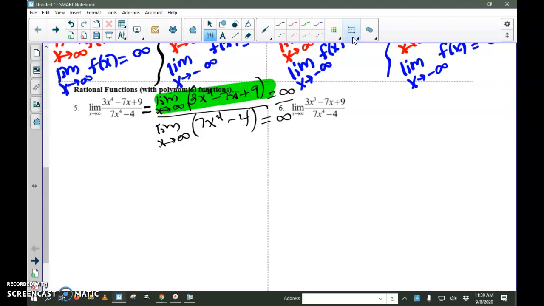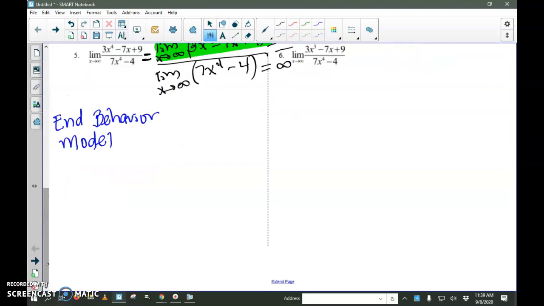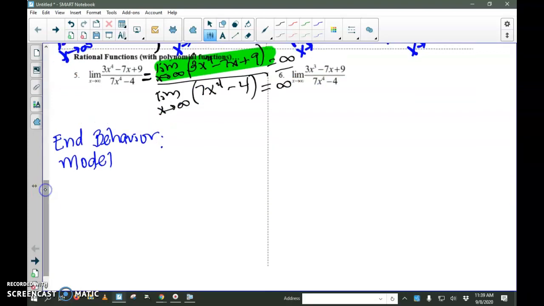And so we're going to take a look at the end behavior model. That's what I'm going to call it, the end behavior model. And what the end behavior model does is it says, when I look at the function, the strongest part of this function, or the part that affects the growth of this function the most, is going to be the term with the highest degree.